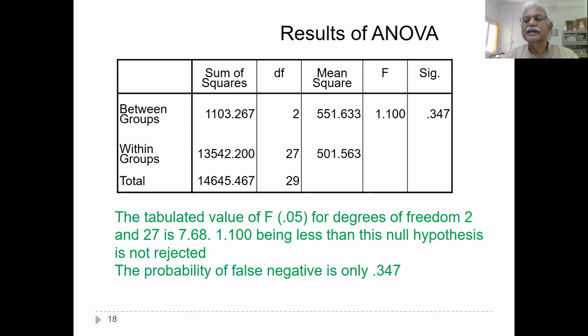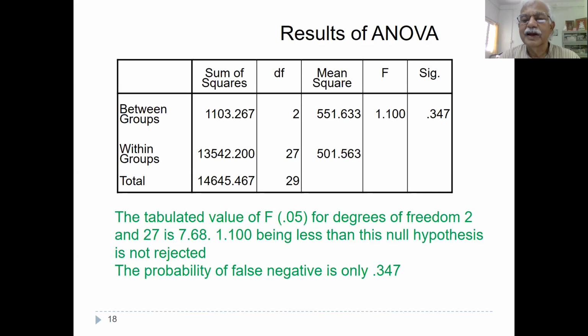I told you that if there are no differences between groups, then the two would be same, and they would be same as that estimated on the basis of total sum of squares, meaning 14645.467 divided by 29. The values of mean squares for between and within will also be same.